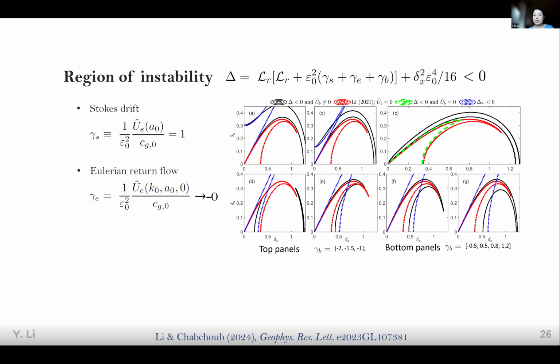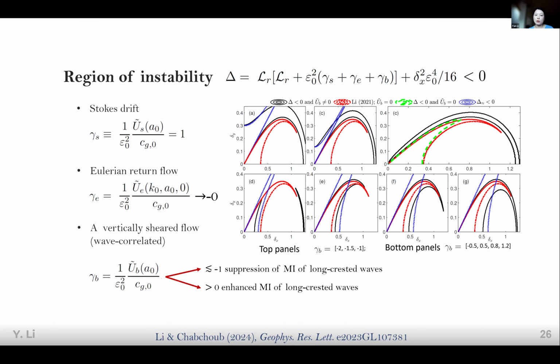In addition, as I mentioned before, in this particular scenario we also have an Eulerian return flow, which has a negative sign, but its magnitude is quite small and proportional to the bandwidth. And in addition, we have a term which is called wave-correlated sheared flow.